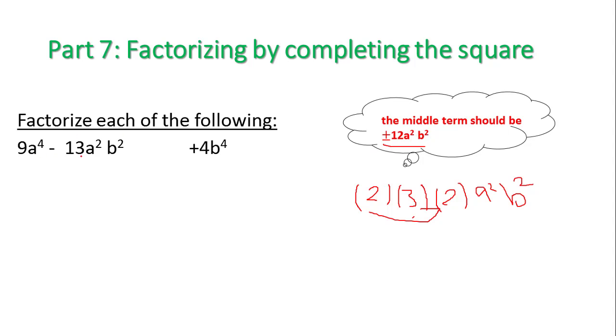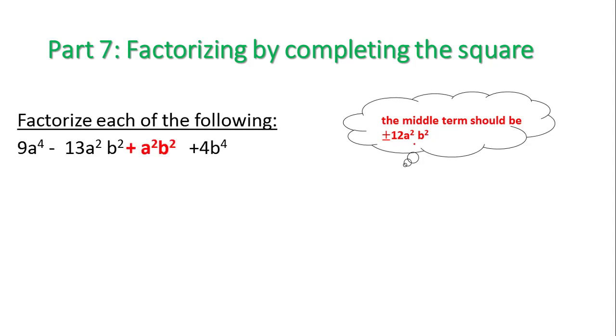But here we have negative 13a power 2 b power 2. So I should add a term here to make this term 12a power 2 b power 2. I have negative 13a power 2 b power 2, and I want it to be negative 12a power 2 b power 2. So I'll add a power 2 b power 2 and subtract also a power 2 b power 2, because I don't want to change the problem.